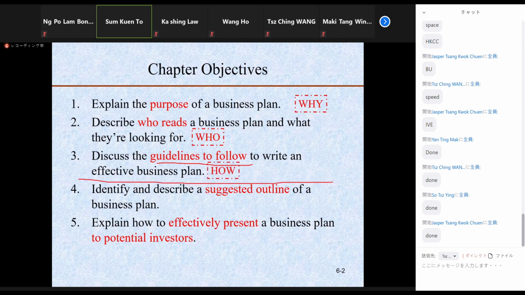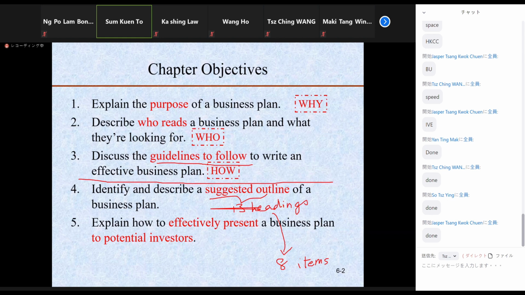Okay, and then there are 13 headings, 13 structures, but I will show you in your business plan. I want to make your life easier. I will reduce the number of headings from 13 to 8 only. All right, 8 items, so that you can make an easier report rather than all the 13 items.